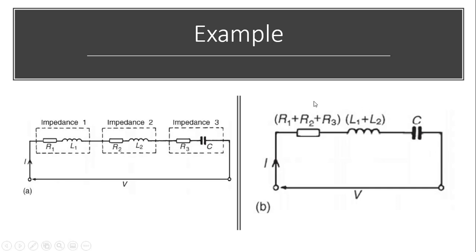So this is an example of what we are talking about. If you look at this, we have a coil, this is a coil, and this is another impedance. So we have three impedances: impedance 1, impedance 2, impedance 3. Each impedance consists of what? Two elements. So what we are going to do now is to add R1 plus R2 plus R3, and you have two L's, L1 and L2.